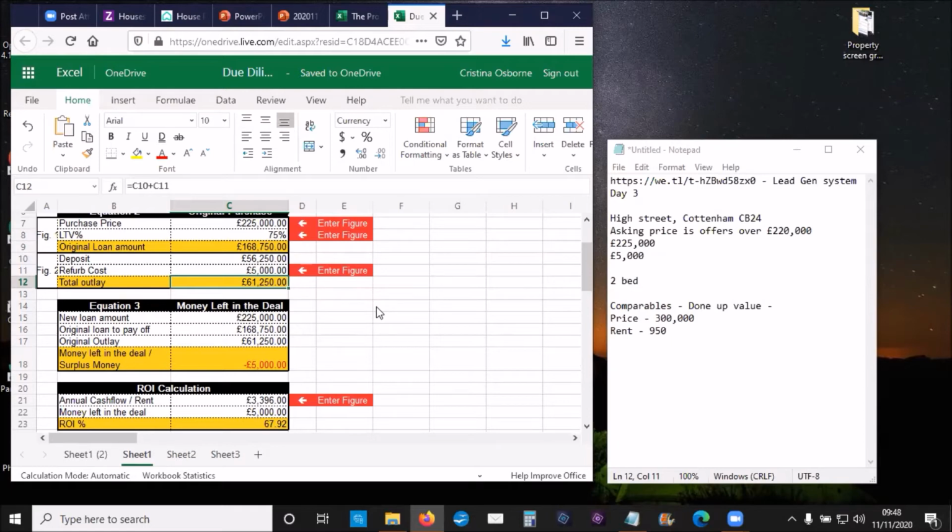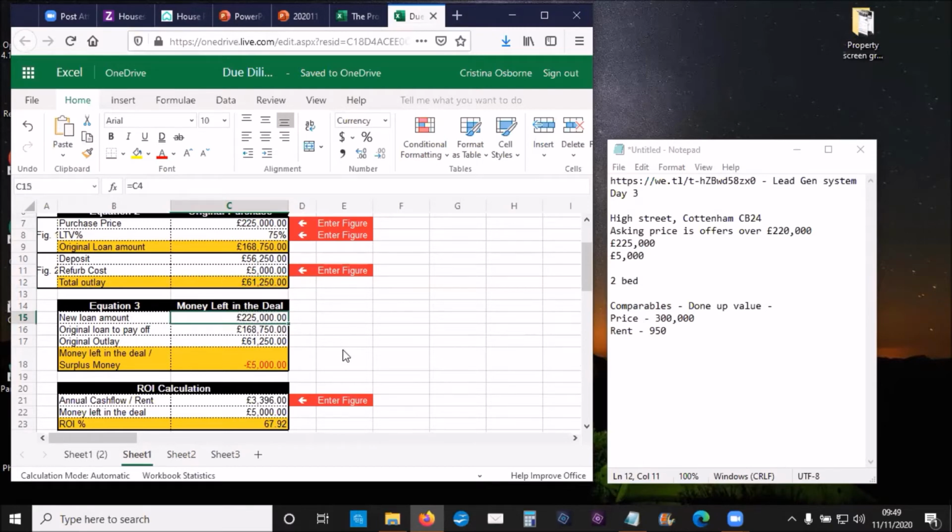Now, for a true calculation, the landlord will also need to take into consideration taxes, the cost of solicitors, estate agents, or bank transfers, for example. But we are doing a kind of pre-purchase due diligence for the landlord, okay? Total outlay is 61,250.